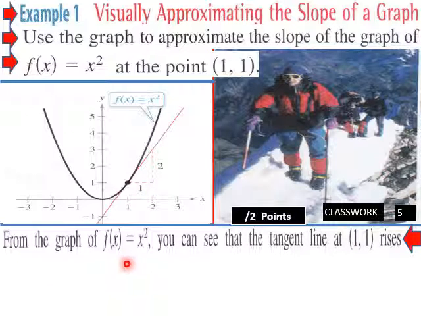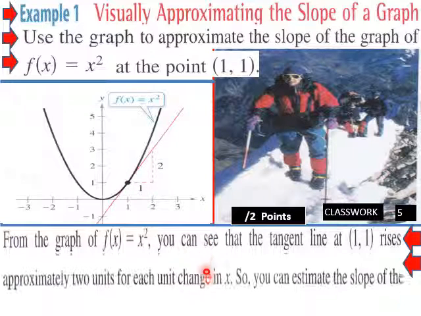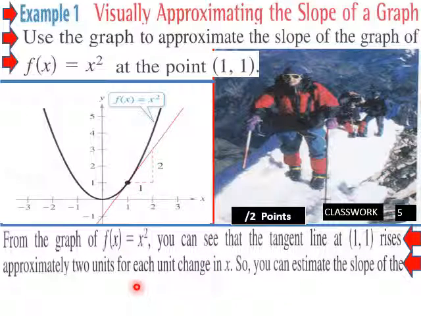From the graph of f of x equals x squared, you can see that the tangent line at 1, 1, which is right here, rises approximately 2 units for each unit change in x. So for each run unit, it has 2 units of rise. So you can estimate the slope of the tangent line at 1, 1.